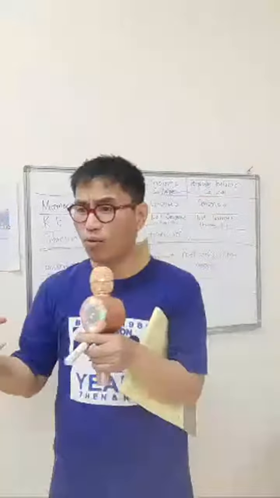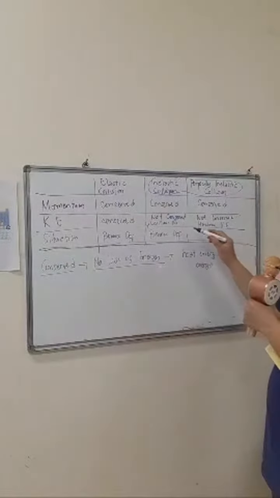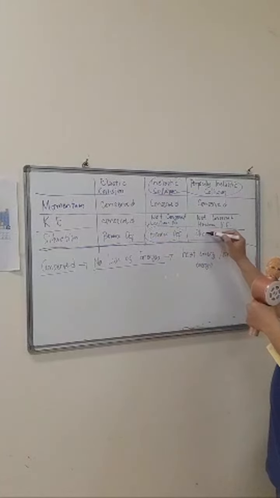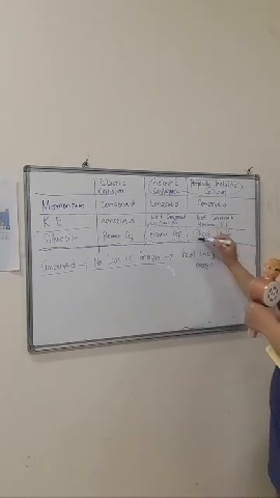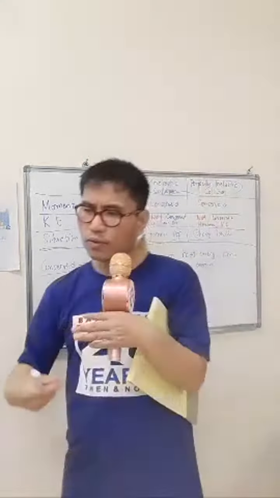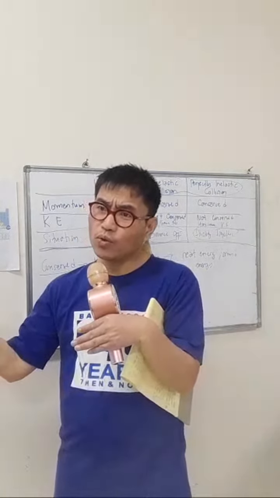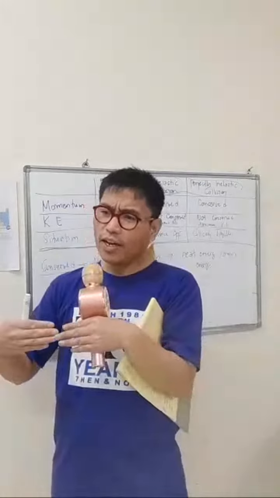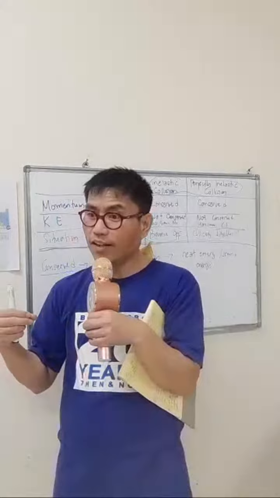It will really bounce. Okay, and then for the perfectly inelastic collision, it will not bounce off. Instead, it will be sticking together. Sticking together means if there is one ball on the left side and another one on the right side, you contact them with a force. You apply force, right? With a velocity, they will contact, and then the two balls will stick together. Okay, it will not separate.